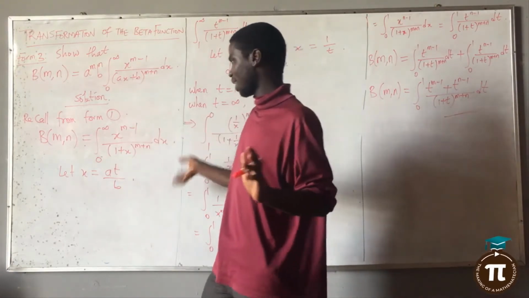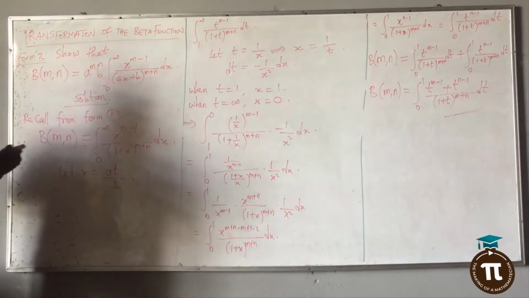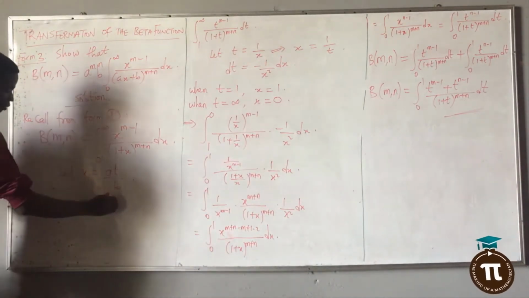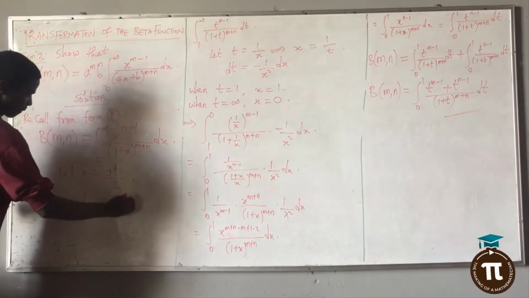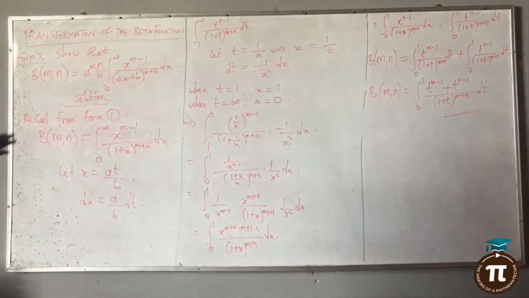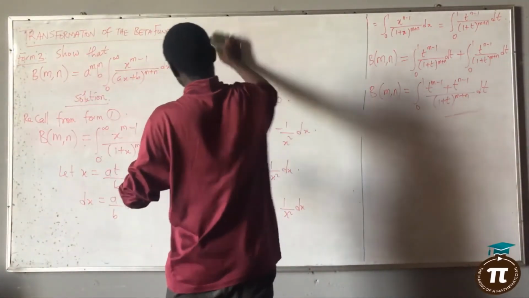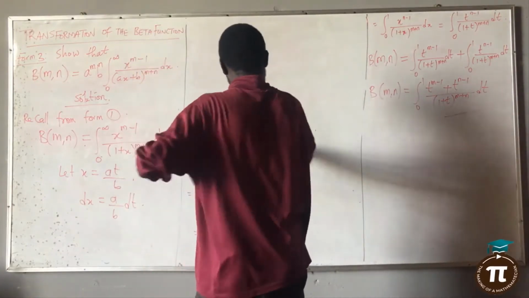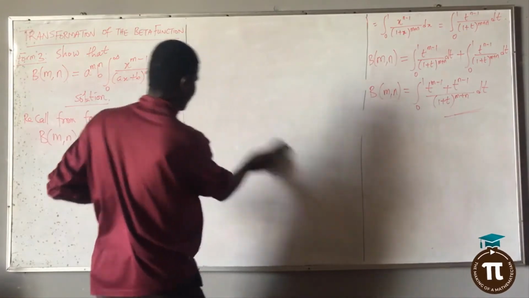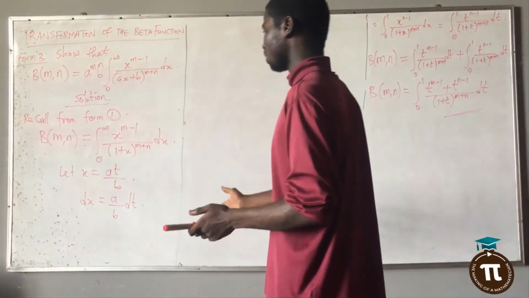So dx will be equal to a over b dt. Next, make t the subject of formula.